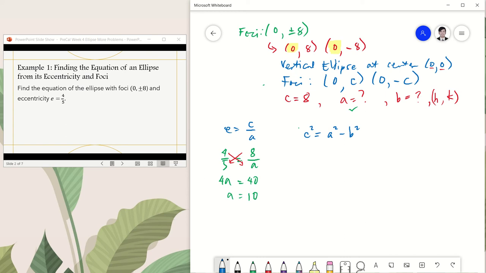If in case you want the original one given to you in the PowerPoint, it is a squared. Okay na yan, so that you won't be confused. So our c, again, is 8, and our a is 10 minus b squared.